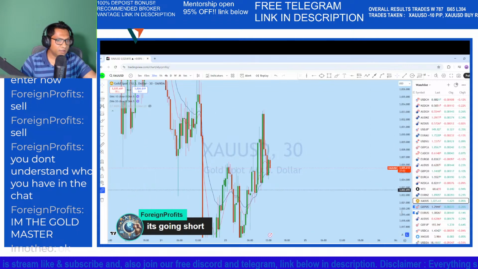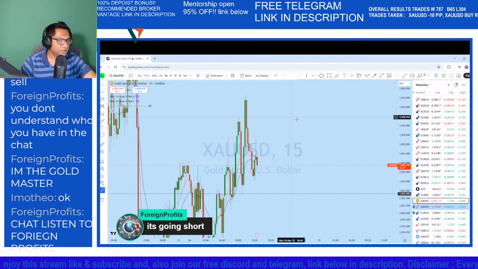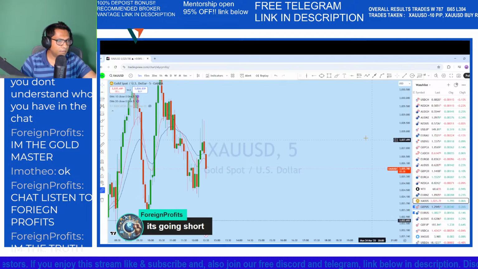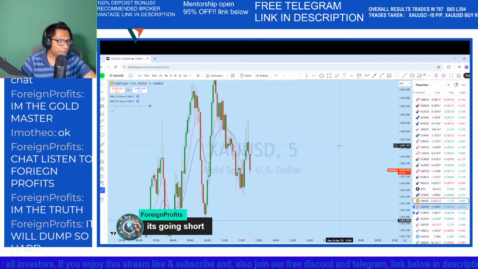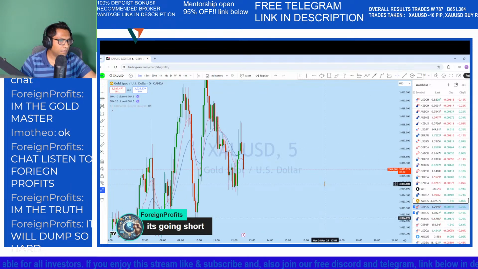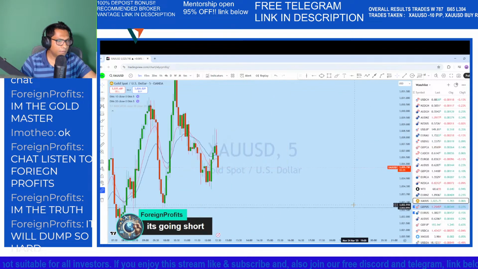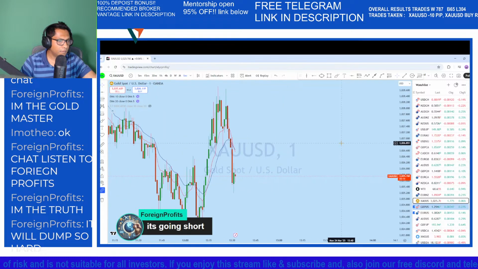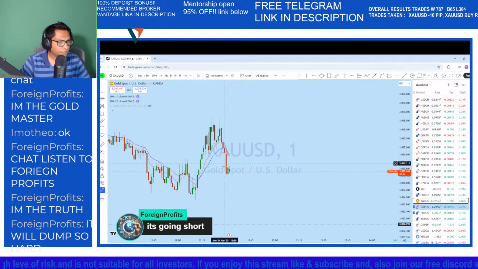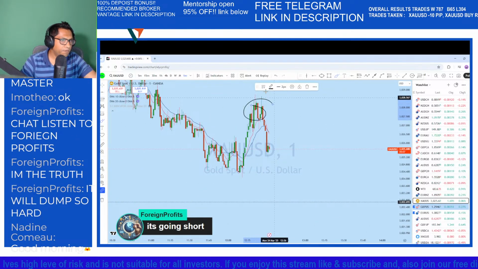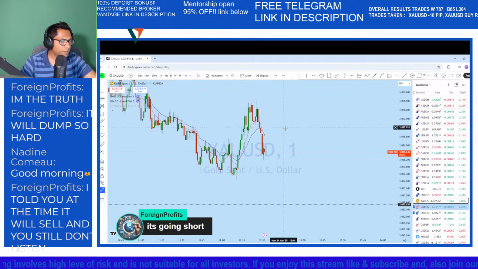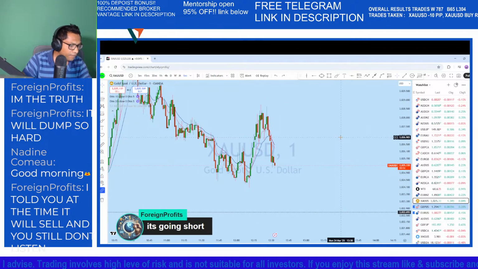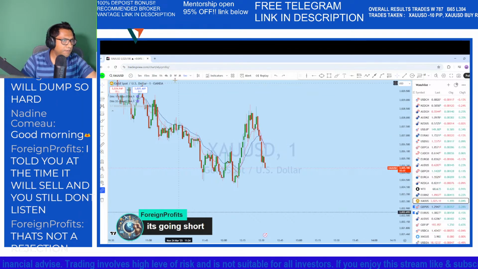Now what we can see in this area for the market here, now there is a rejection from the top. Okay, that's a rejection from the top.